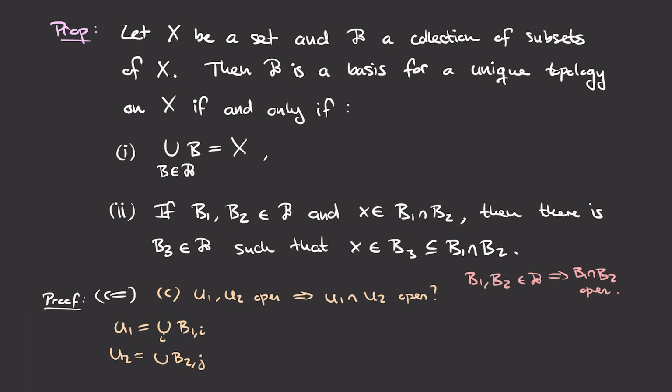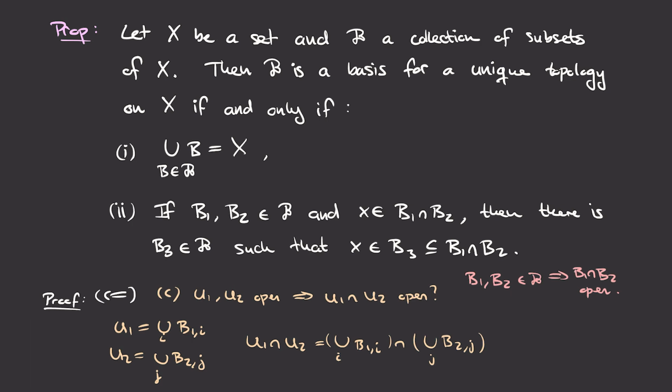So here the index runs over i and here over j. And now we consider this intersection. So u1 intersection u2, and this is equal to this union over the b1i's intersected with the union over the b2j's.